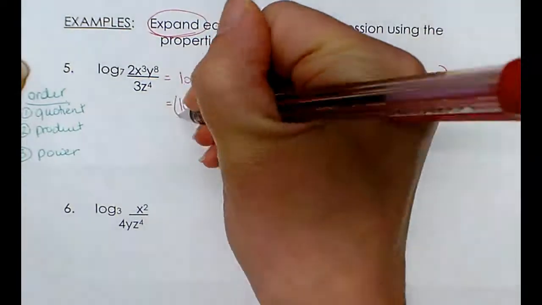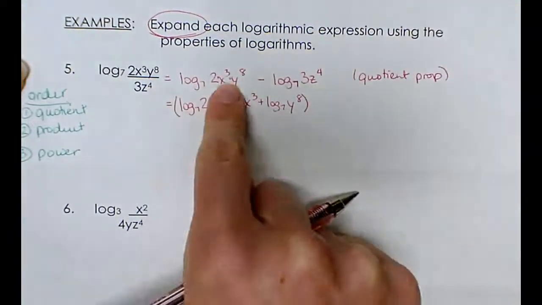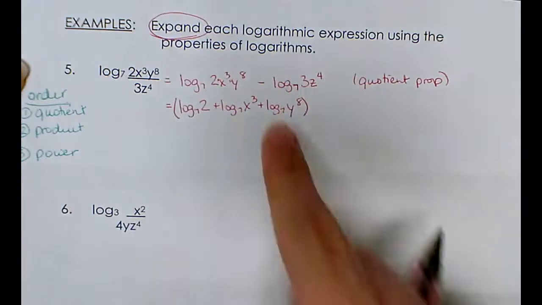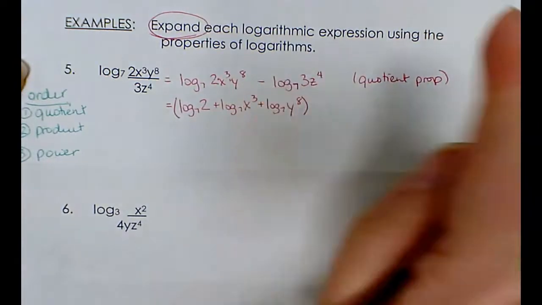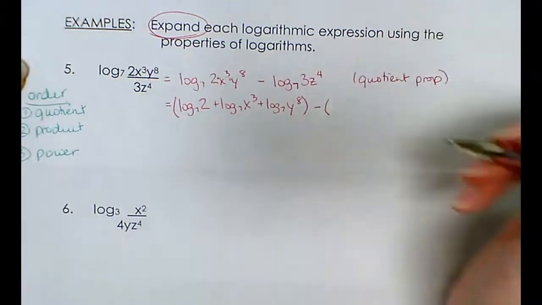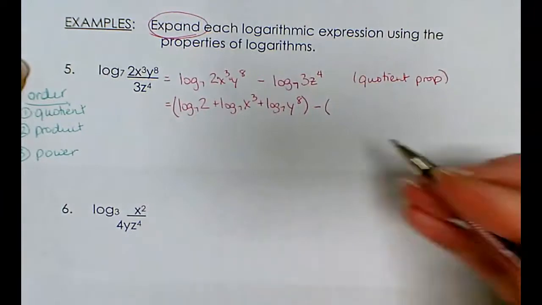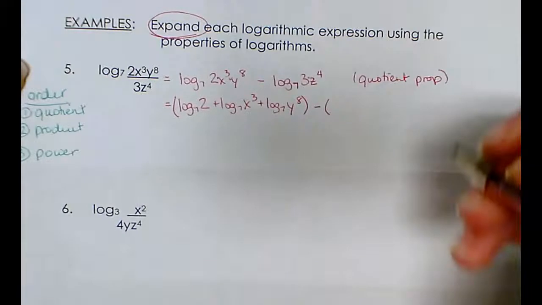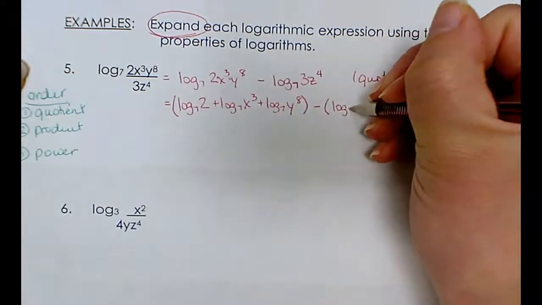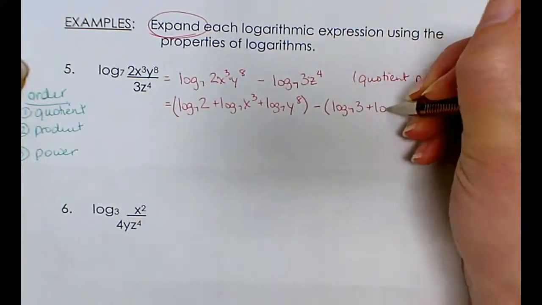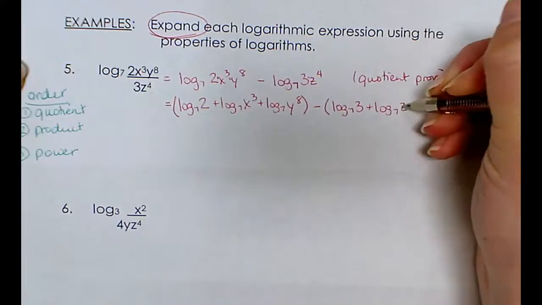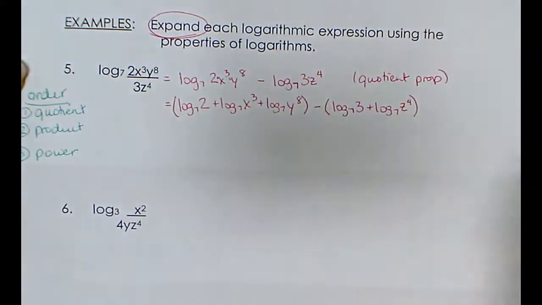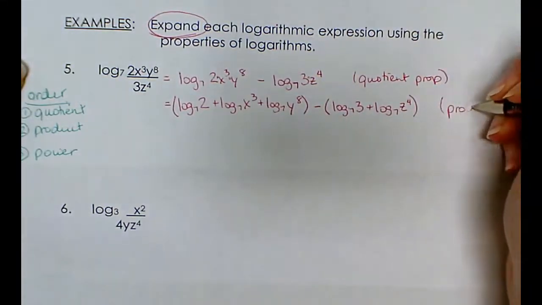So that's my first term expanded a little bit more. Now I need to subtract the expansion of the second term. So I'm going to open up parentheses because I am subtracting everything that I expand this to be. Again, product property. Log base 7 of 3 plus log base 7 of z to the power of 4. This is product property.